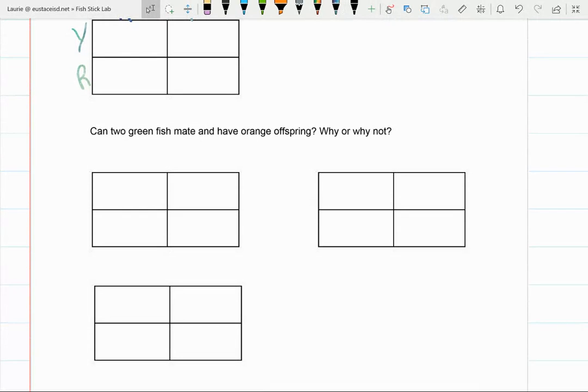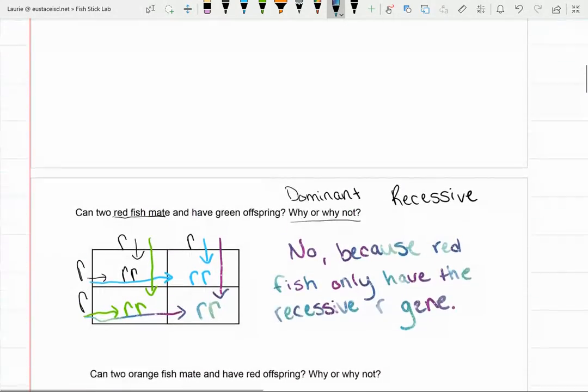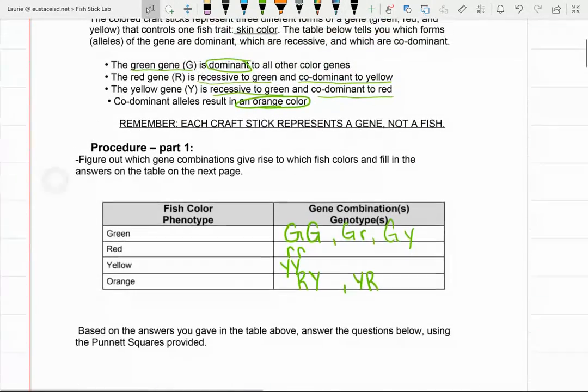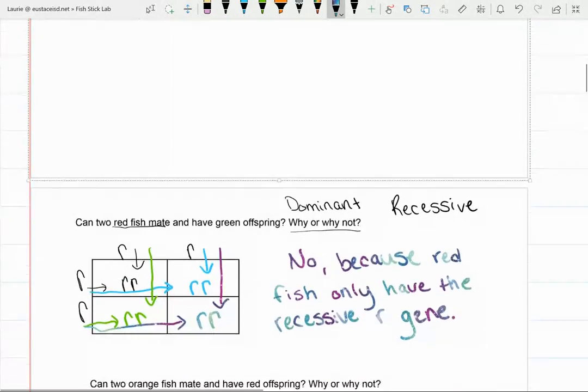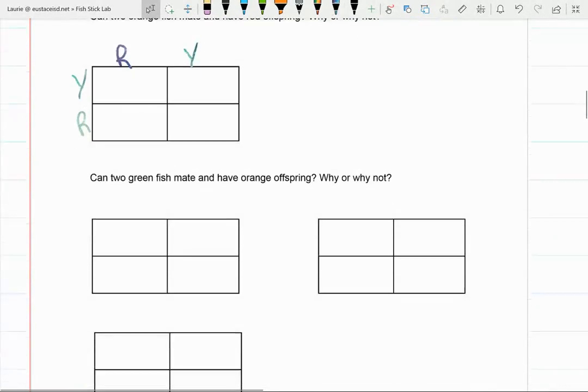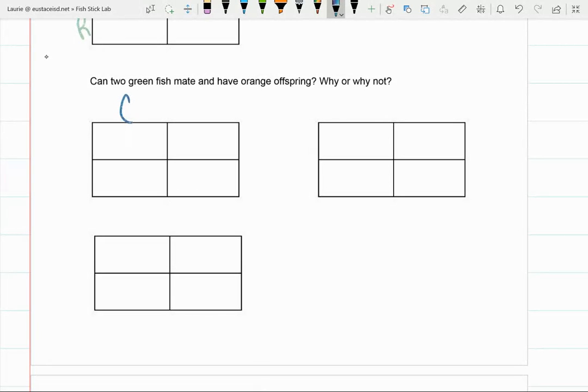Now when you get here, can 2 green fish mate and have orange? Again, you have more than one choice here. You could use the G with the r recessive or the G with the y recessive. So you can set it up 3 different ways. You could have G, y, and G, r.